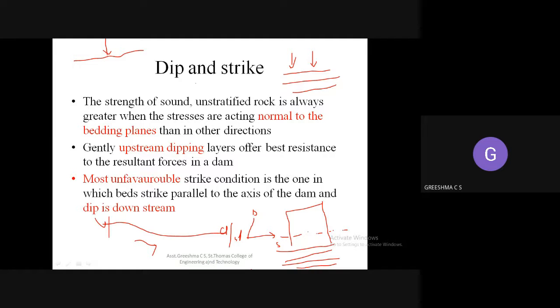Now, gently upstream dipping layers offer better resistance to the resultant forces of the dam. Okay, upstream dipping layers.